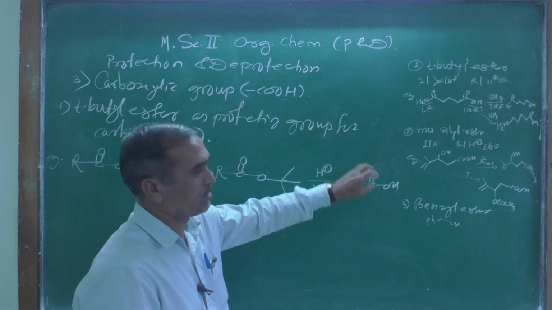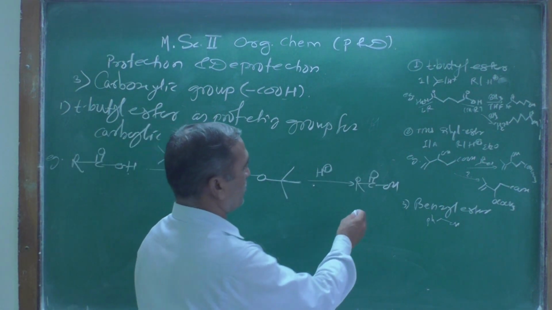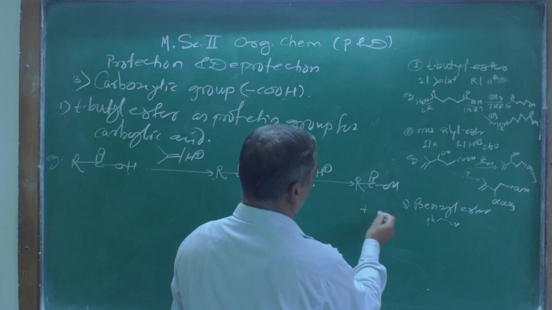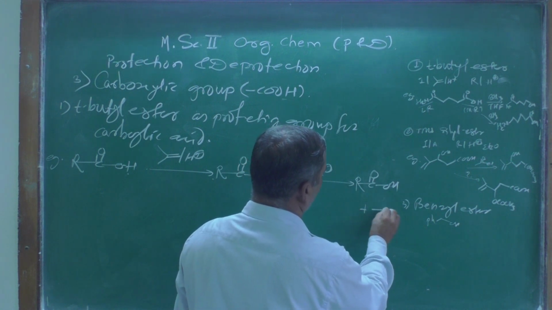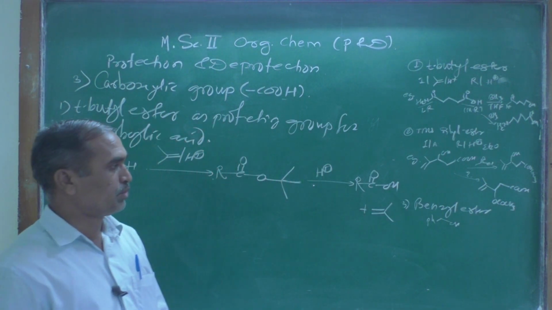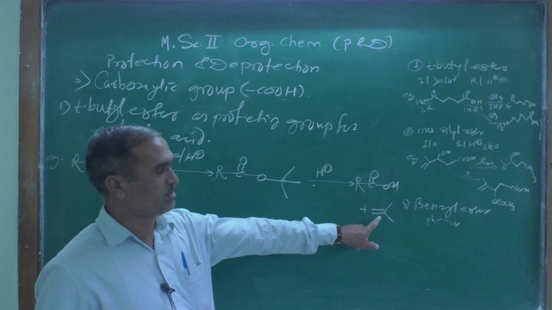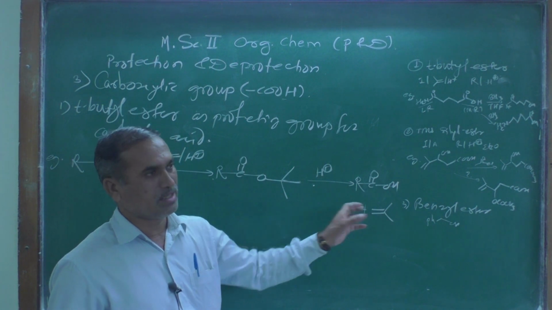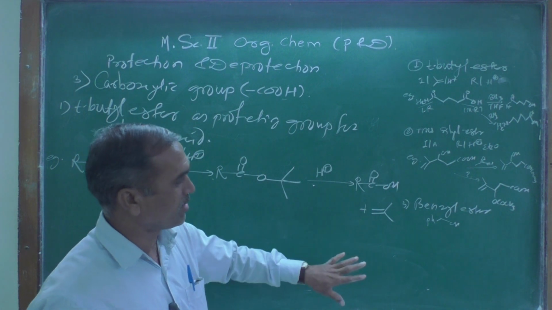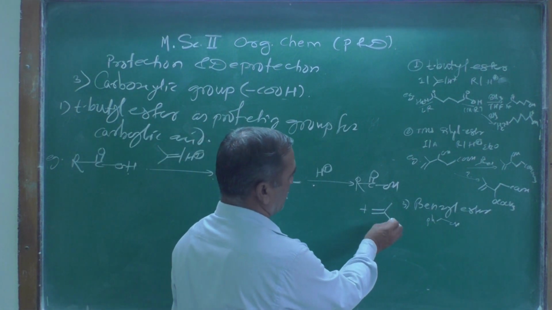We will get our original compound, and the side product, whatever reagent tertiary butoxide we have used, we get this one. Do you know the name of this compound? The name of this compound is isobutylene, or we can give the IUPAC name.